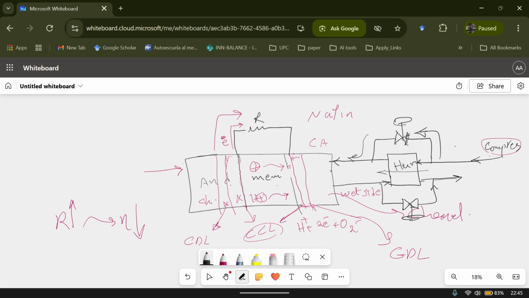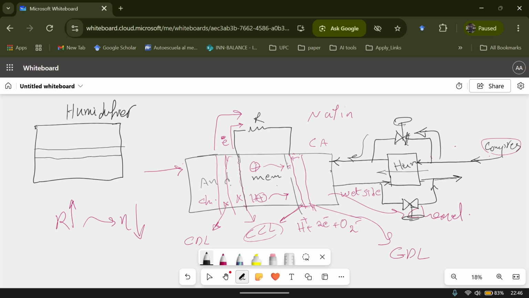But how does this water enter? Normally, if the humidifier is a membrane humidifier, assume that this is the humidifier. In the membrane humidifier, we have a thin layer, which is a membrane.